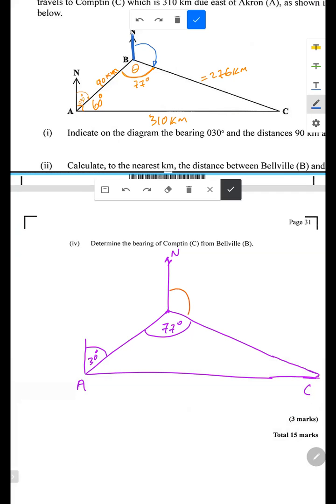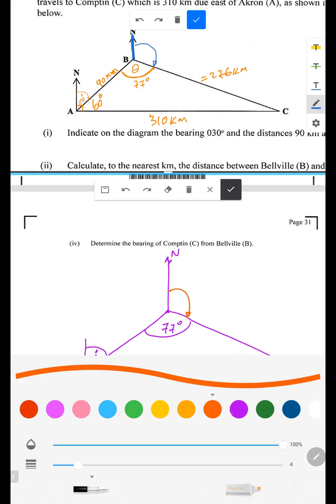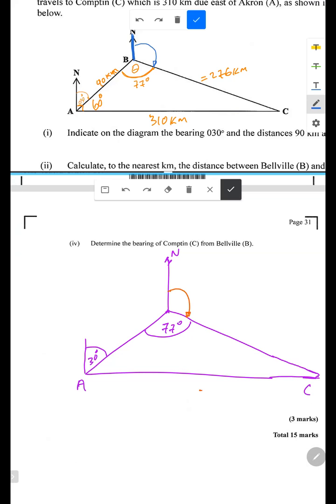Now watch this. We know this angle is 30. I just want us to understand this part. This is an outline up here.